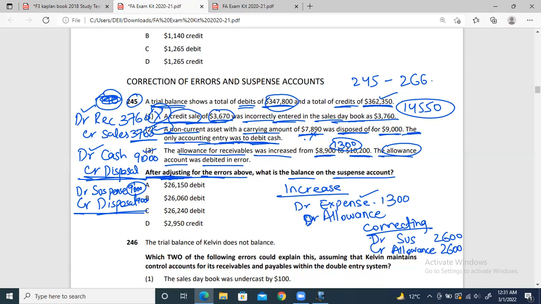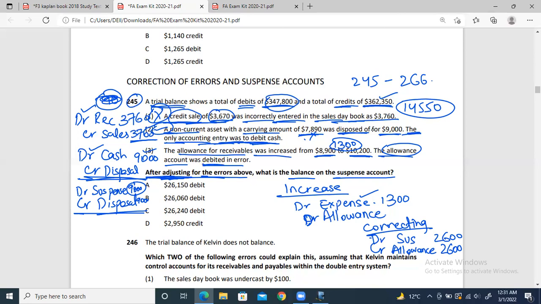In that case, we would just credit allowance by 1,300, because the entry is zero over there currently. But in this case, because it has been debited in error, we have to correct it and bring it back to credit. So we have to do 2,600 credit. So always remember, there is a golden rule in this. Just focus on the mistake that we have made, and everything will automatically make sense over here.